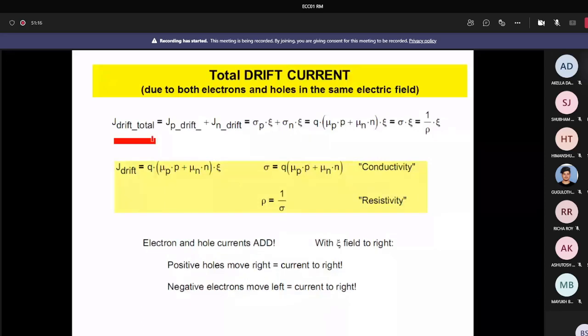So the total current due to the drift, as we are considering the applied field, is due to both electrons and holes in the same electric field.